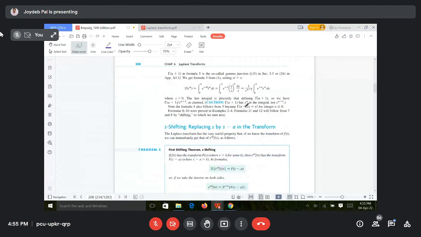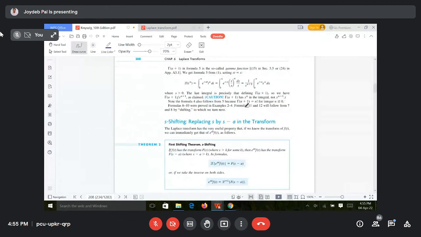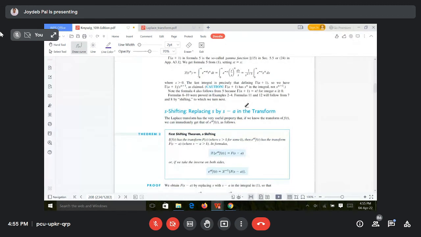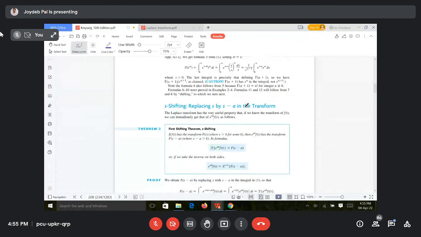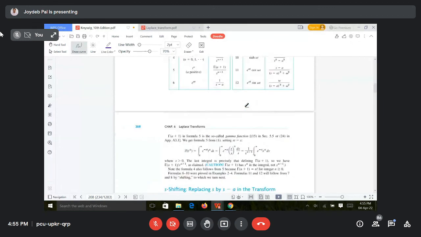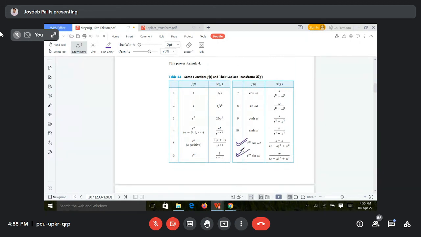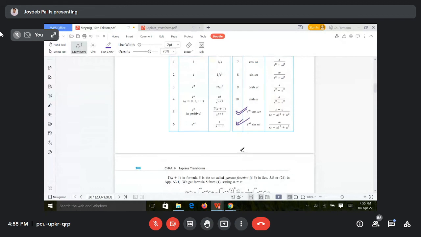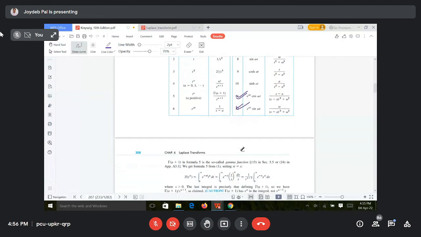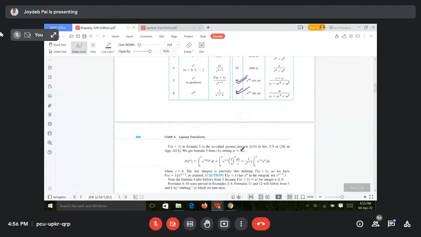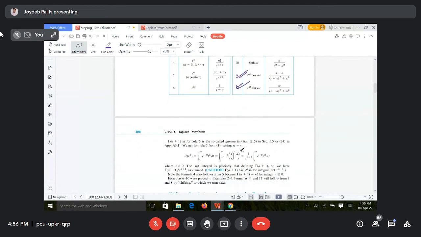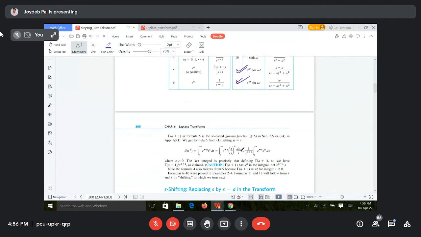Okay, in the next class I will tell you the S shifting theorem, and by using the S shifting theorem we will get these two results. So no need to remember these two again. I am repeating, 11 and 12: by applying the S shifting theorem on sine and cos, you will get these two formulas.